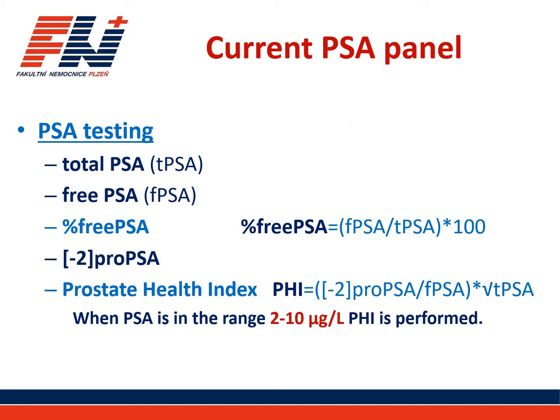Pro-PSA is not measured in all samples. The indication is special, and pro-PSA is measured only when total PSA is in the range between 2 and 10 microgram per liter. Then pro-PSA is measured and phi is calculated. And phi is a very helpful tool in this gray zone.